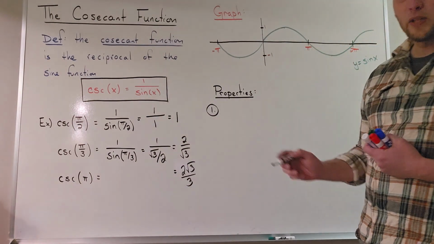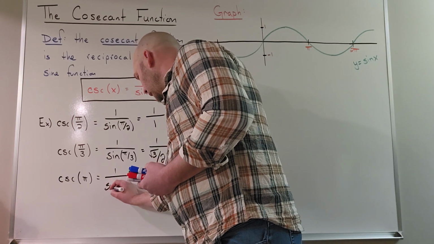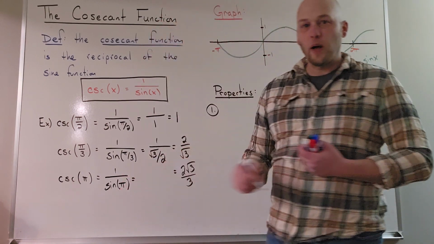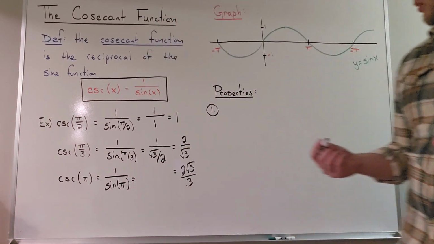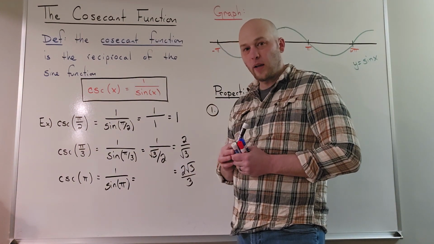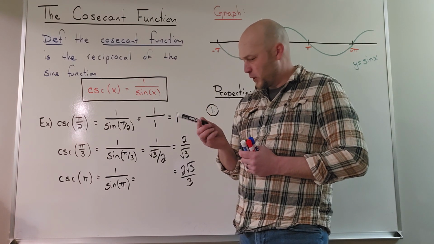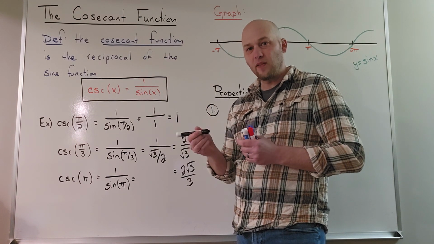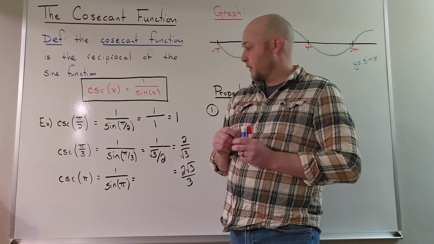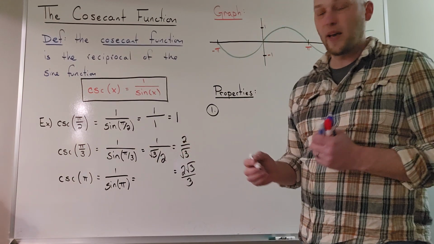Okay. Cosecant of pi, same idea, the reciprocal of the sine of pi. All right, that's another quadrantal angle, so that's one that we can reason through fairly quickly. Pi is half of a clockwise rotation, or half of a counterclockwise rotation, which means the terminal side lies on the negative x-axis, which means that the point on the circle is on the far left, and the far left of the unit circle has a y-coordinate of 0 because it's on the x-axis.